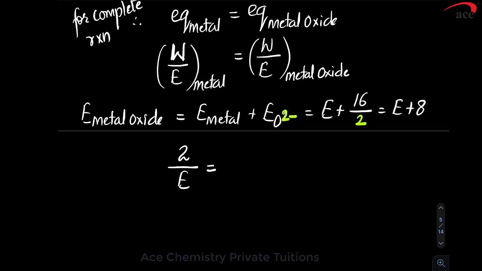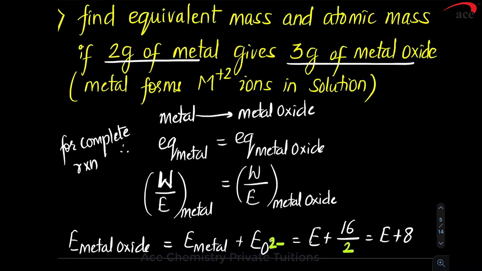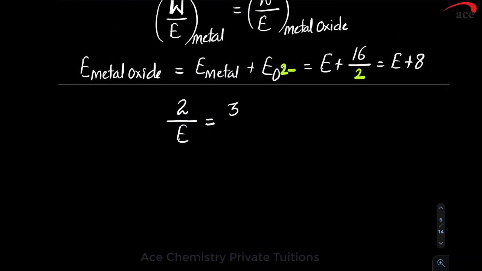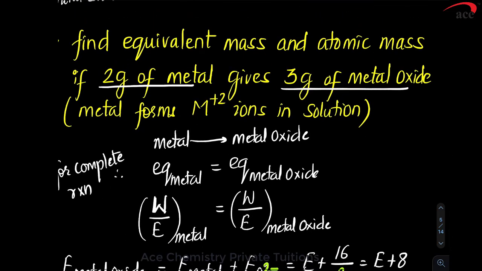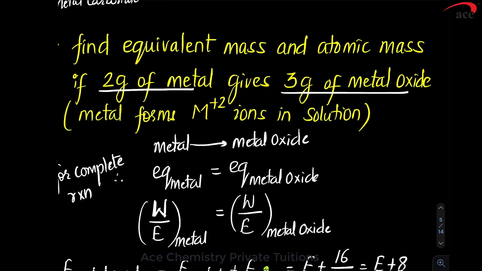So in place of metal, we write the mass of the metal, which is 2, with equivalent mass E. Mass of metal oxide is 3, with E plus 8. Then we solve: 2E plus 16 equals 3E. Therefore, E will be 16. So equivalent mass will be 16 gram per equivalent.